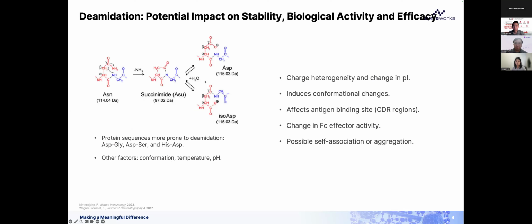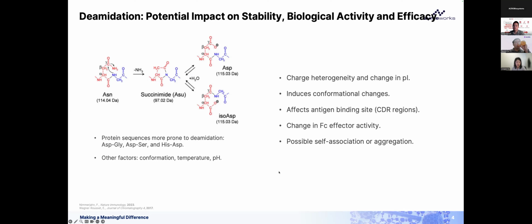Due to this change in charge, if the deamidation site is on, for example, antibody CDR regions or the Fc receptor binding regions, it may affect antibody binding to antigen or Fc effector activity. All of these could potentially impact biological function or efficacy of therapeutic molecules.